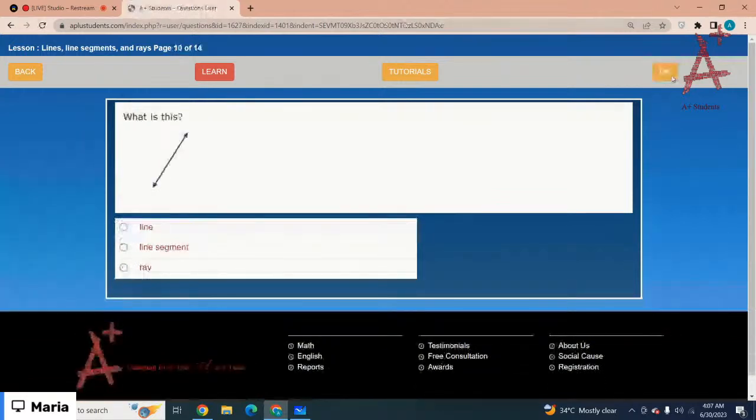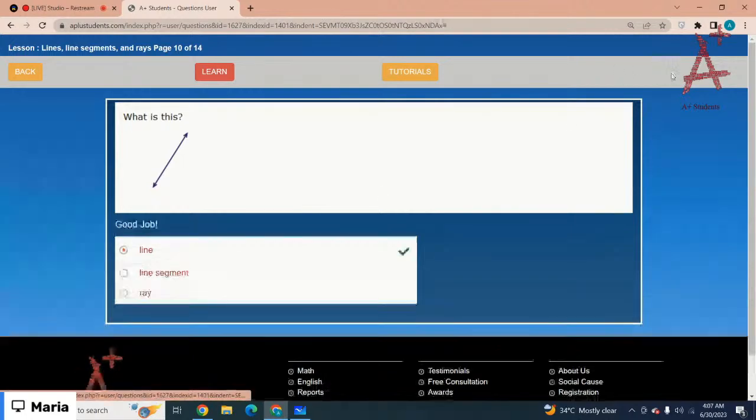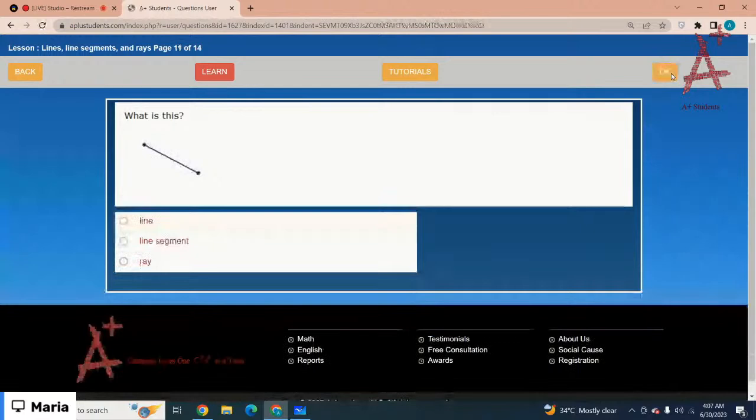What is this? Line. The correct option is line. Okay, what is this, line, segment, ray?